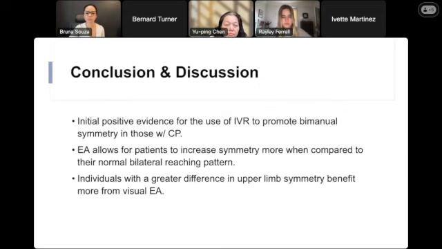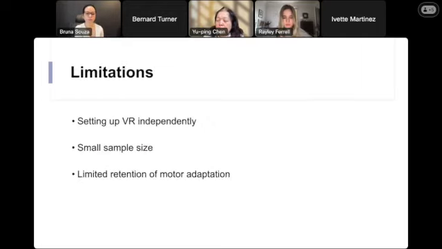What this tells you is that there could be a certain bimanual functioning level of participants that could see more improvements than another. But I'll get into the next slides: because of the smaller sample size, they do need to do a little more research to confirm this data. And so, yeah, I'll just get into a little bit of limitations right now.